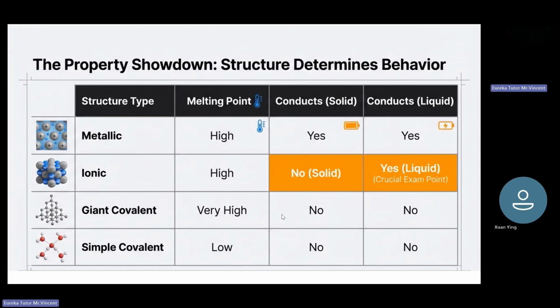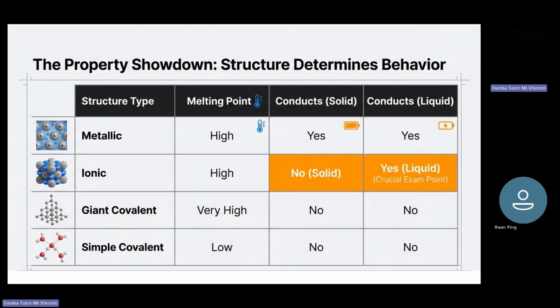Next, property showdown. This is a very important summary. The table shows how the bonding affects properties. Metals conduct in the solid and liquid state, and the melting point is high. Ionic compounds conduct only when molten or dissolved, because ions must be able to move.